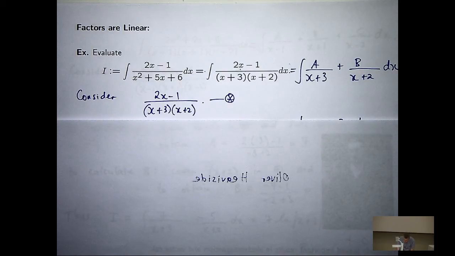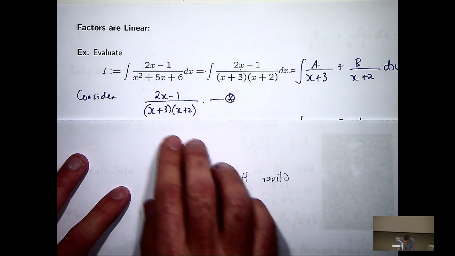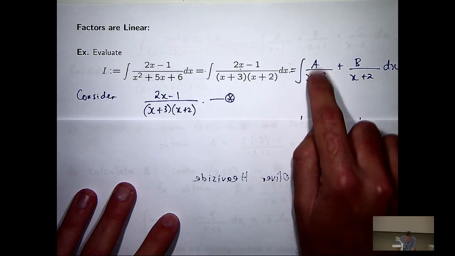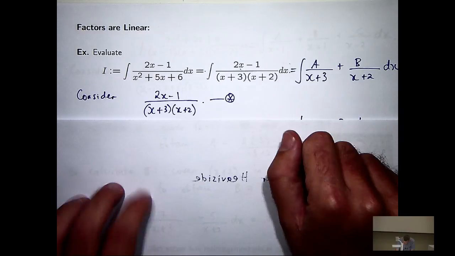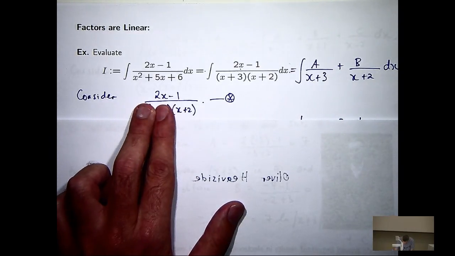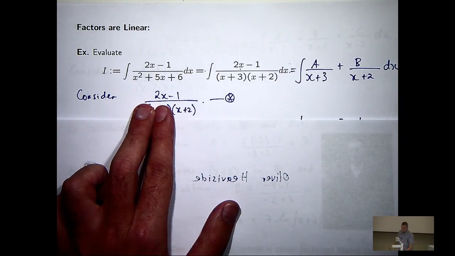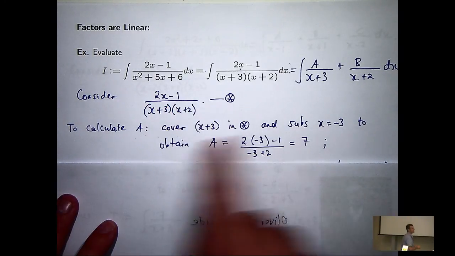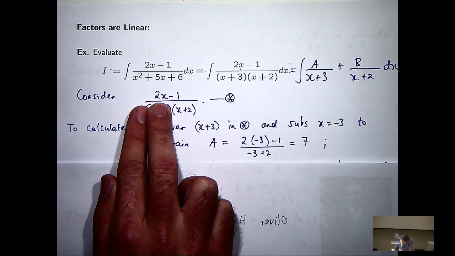The Heaviside method involves looking at the integrand, covering up one of these factors, and making a suitable substitution. If we look over here, to find A, it lies above x plus 3. So let's go to our integrand, cover up the bracket containing x plus 3, and substitute in x equals minus 3 to give me A. That's what I did in the next line.